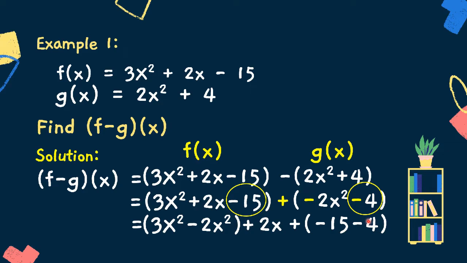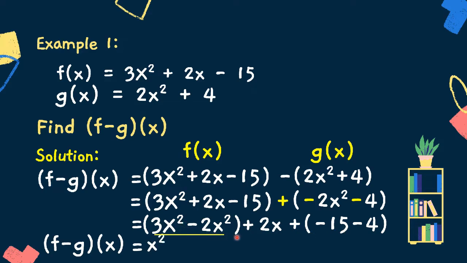So after identifying like terms, we have to simplify. Three x squared minus 2x squared is simply x squared. And we copy plus 2x since it doesn't have a like term. Next, we simplify negative 15 minus 4, and that is equal to negative 19.